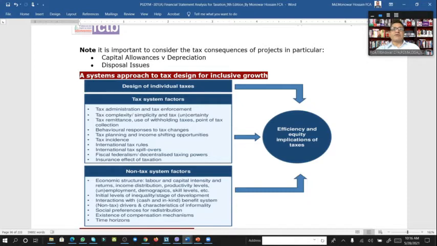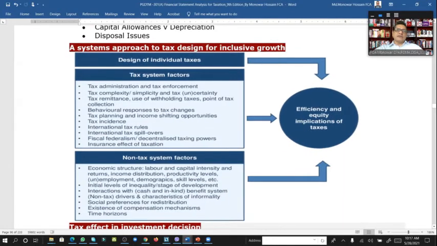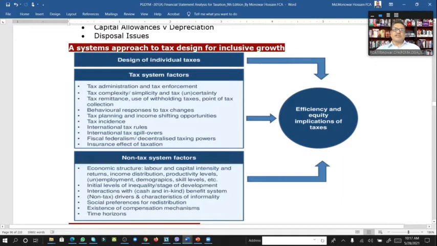A systems approach to tax design for inclusive growth: how? Look here. The design of individual tax system factors includes tax administration and tax enforcement.